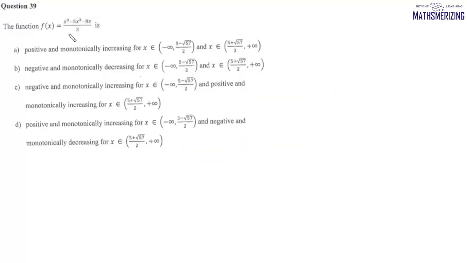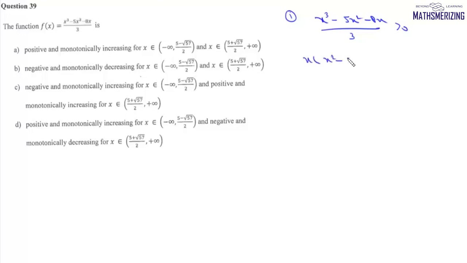Now question number 39 says this function f(x) is positive and monotonically increasing or decreasing in which of the following interval. So first we'll solve the interval where this function is positive or negative. So we'll write this as x cube minus 5x square minus 8x by 3, and it should be greater than 0. So we can take this x common.